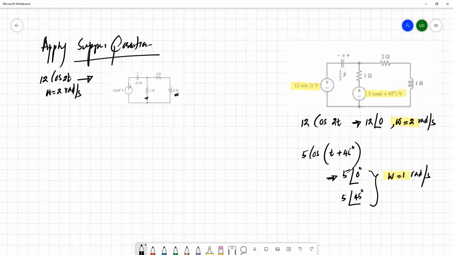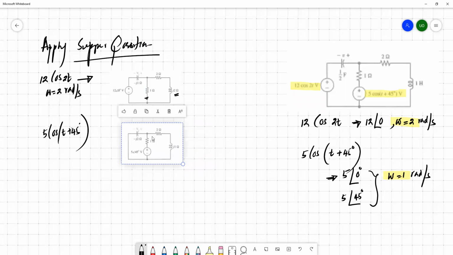Then you can consider the next source, 5 cos(t + 45), and simply convert the circuit into phasor. In this case you have this source, with 5 and 45.